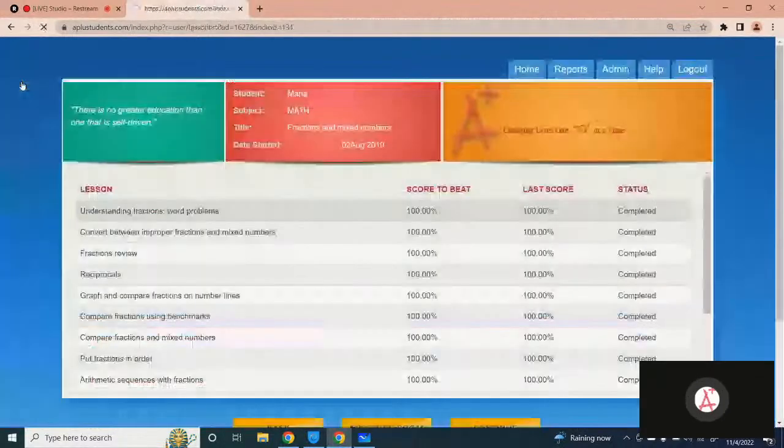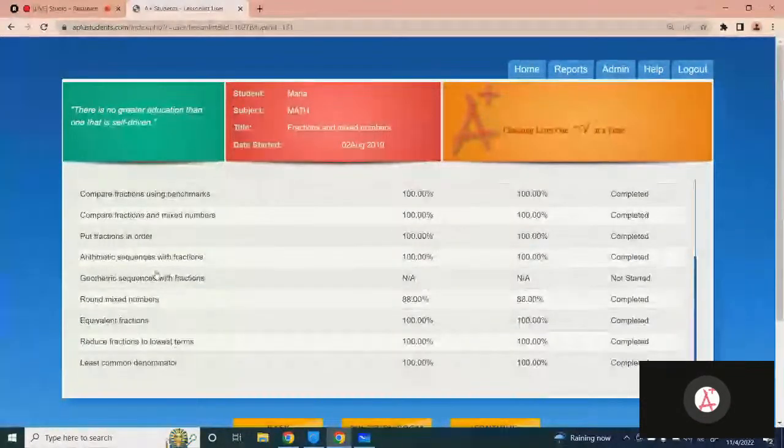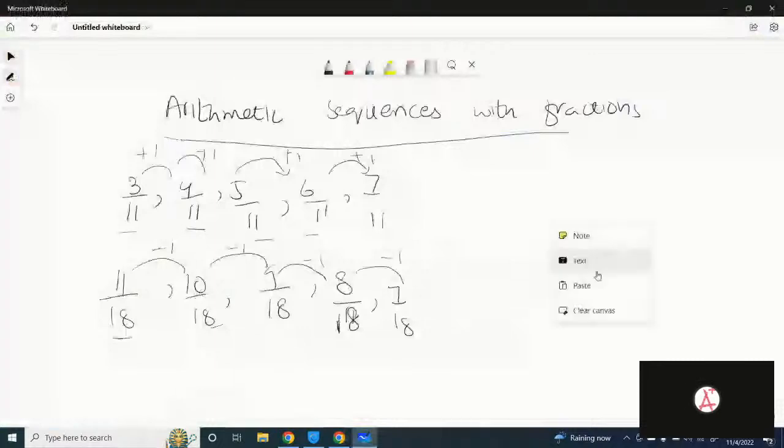And the next topic is geometric sequences with fractions. Let me write down the lesson name on the board.